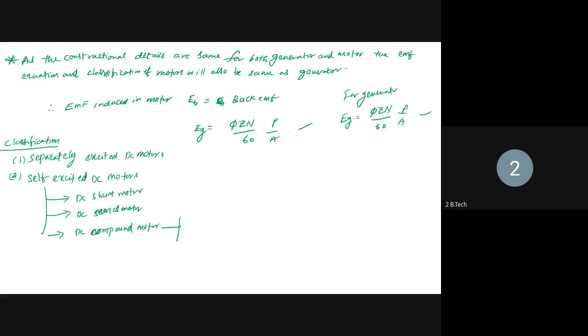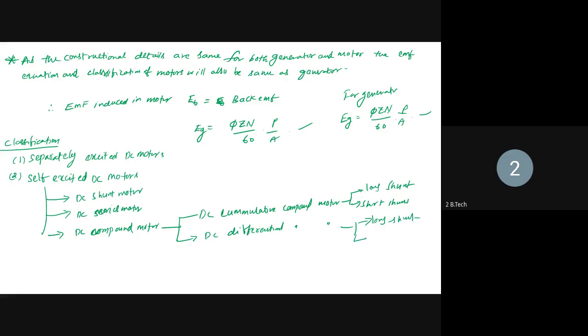In DC compound, we have DC cumulative compound motor and DC differential compound motor, and here you can make long shunt connection and short shunt connection, and similarly here also you can make long shunt connection and short shunt connection. So that is the classification of DC motors.